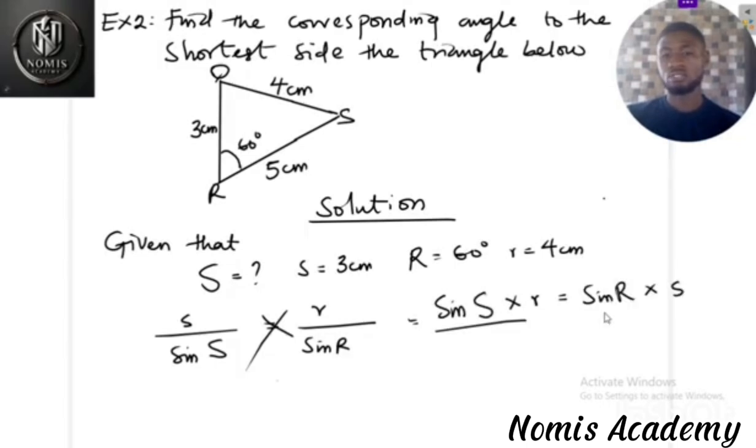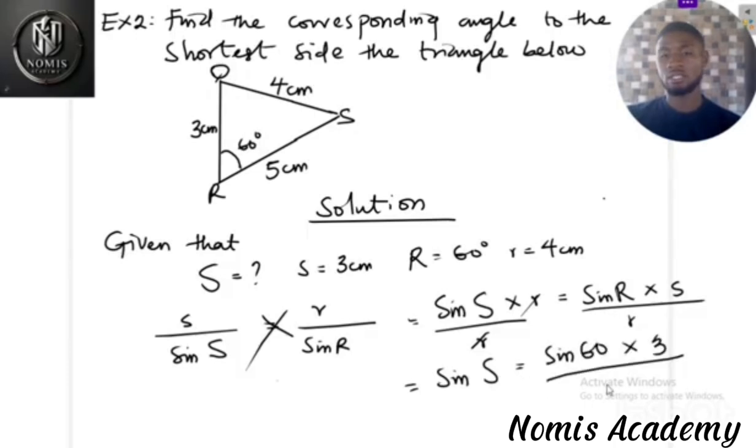Divide both sides by small letter r. This cancels this, so sine capital letter S is equal to sine 60 multiplied by small letter s, which is 3, all over small letter r, which is 4.